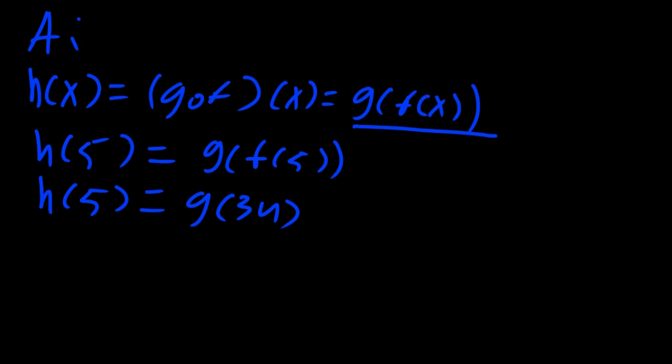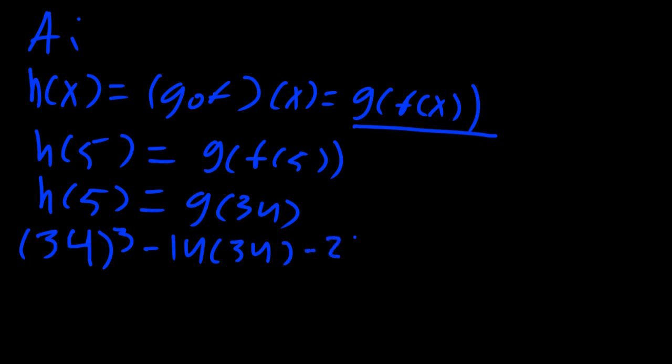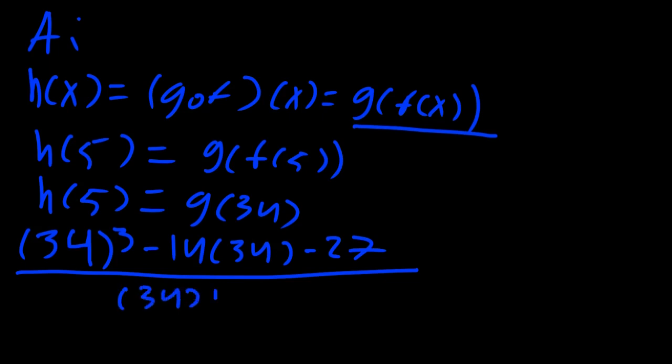Now what we're going to do is plug in 34 for x in the g of x equation. So your setup should look like 34 cubed minus 14 times 34 minus 27 over 34 plus 2.